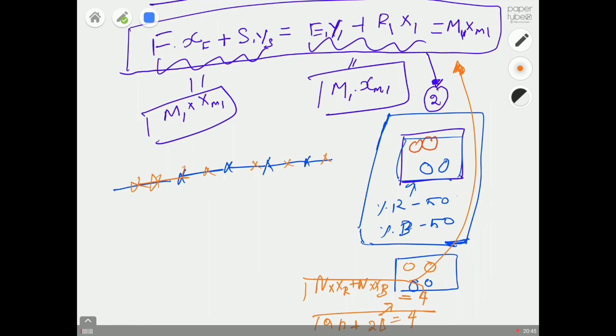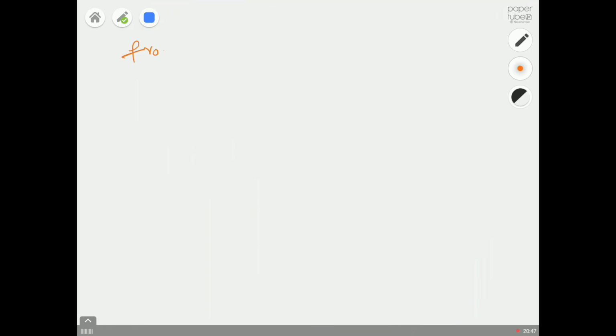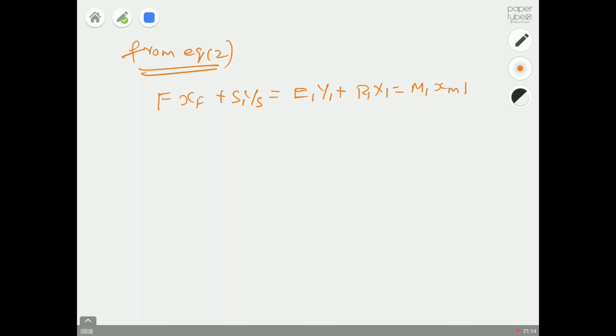So let's take equation 2. What we can do from this, I'm going to write it again. F xf plus S1 ys is equal to E1 y1 plus R1 x1, that's equal to M1 xM1. So like I said, if you go back to our notes before, or maybe I can write again here, we have a feed line, something like this.